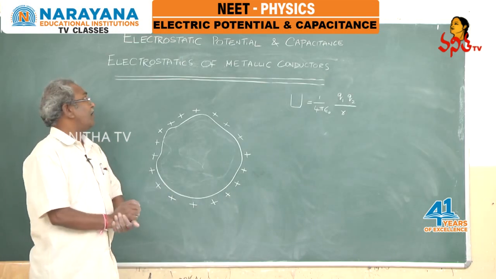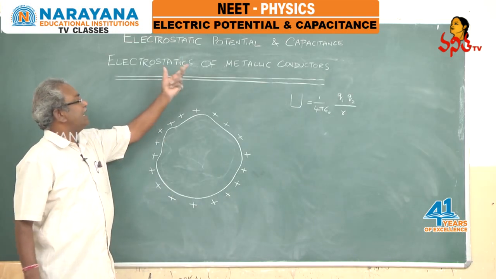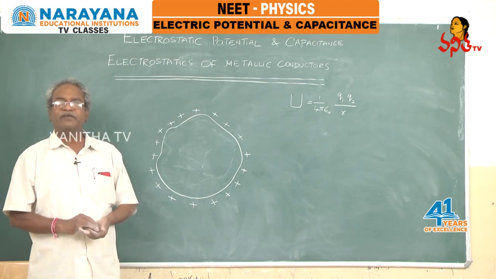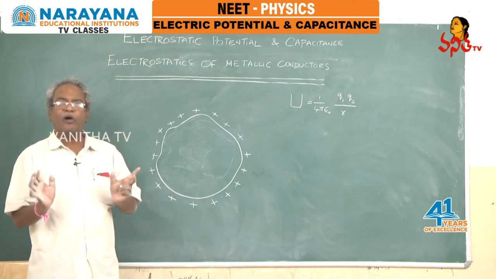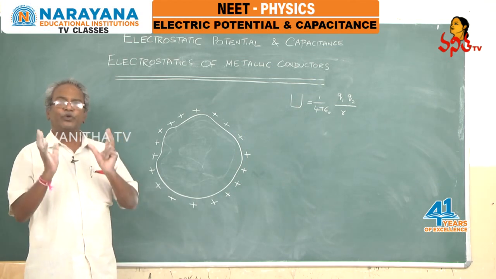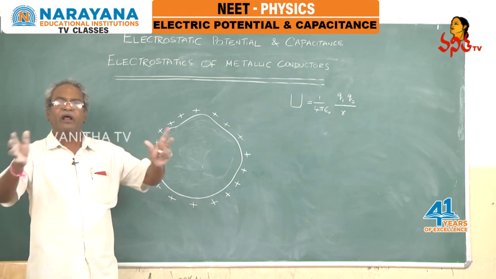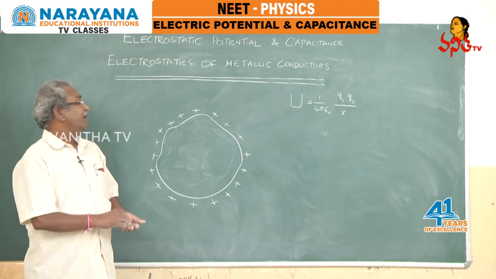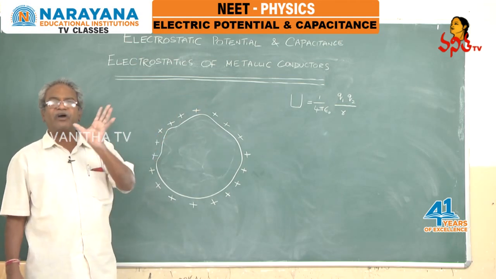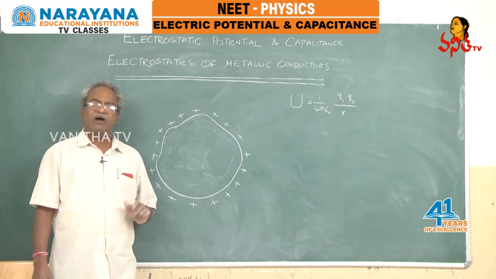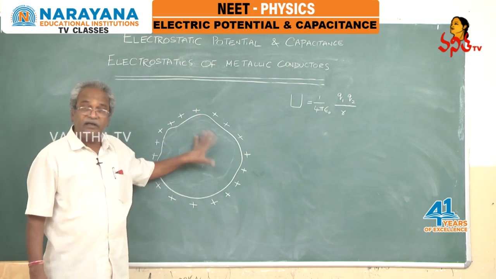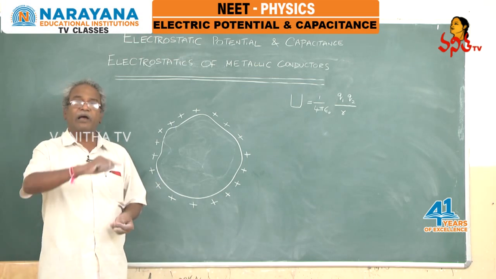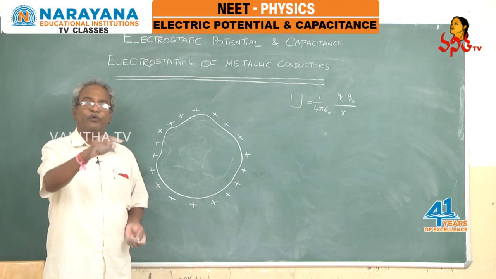Yes, dear students, now let us discuss electrostatics of metallic conductors. A metallic conductor will have a free electron cloud, so that electrons can move freely from one point to the other point. And if a metallic conductor is charged up, even if charge is given in the interior, that entire charge will appear on the outer surface only.